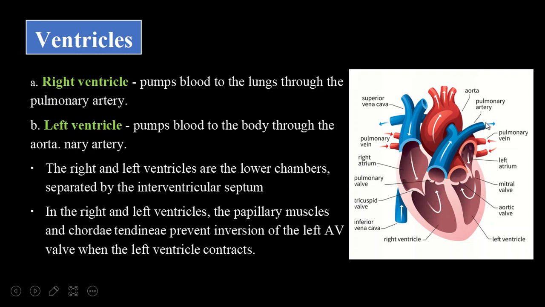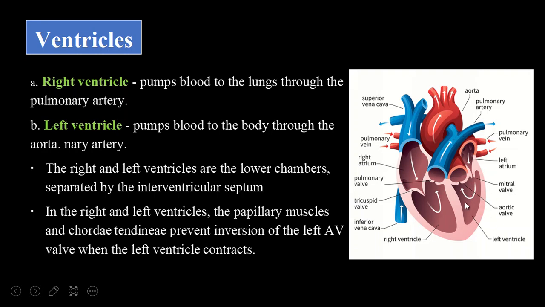Ito, we have the left pulmonary artery and the right pulmonary artery papuntang lungs yan. Papuntang right lung and papuntang left lung. So yon, the right ventricle pumps blood papuntang lungs through the pulmonary artery.